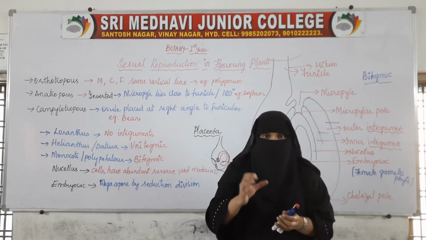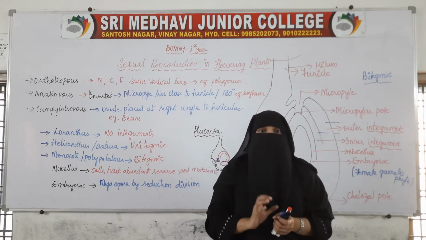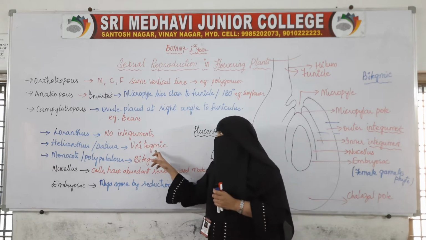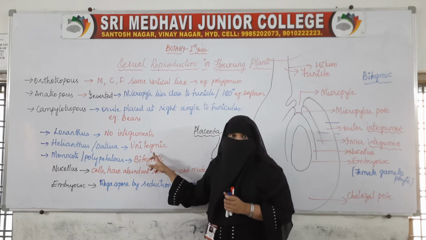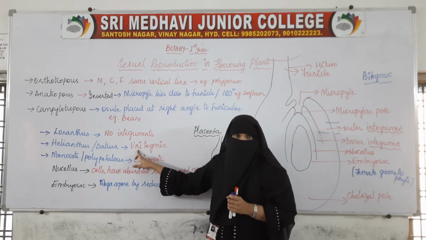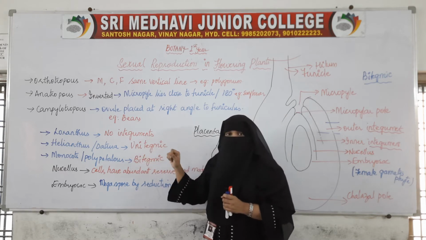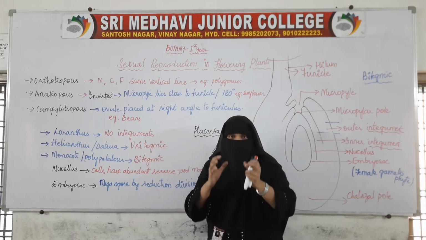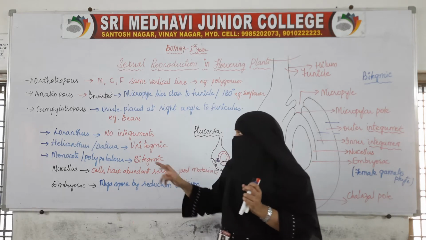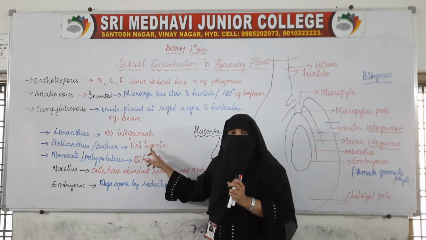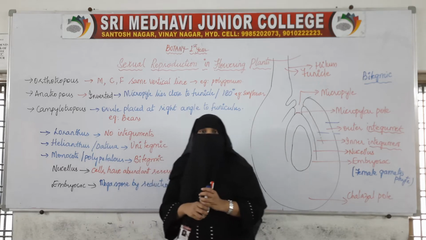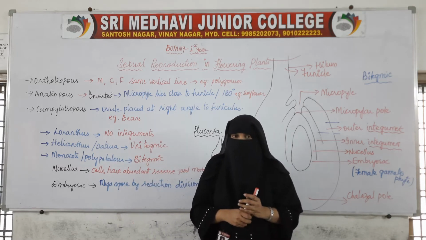Such an ovule is called unitegmic. Uni means one, and tegmic refers to the integument. This unitegmic ovule is seen in plants like Helianthus and Datura.